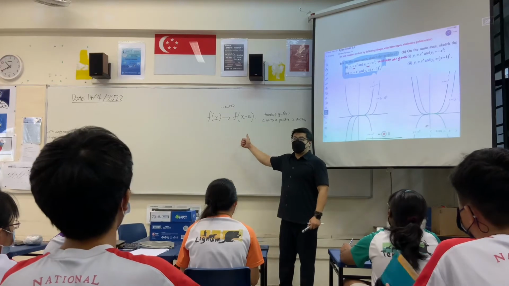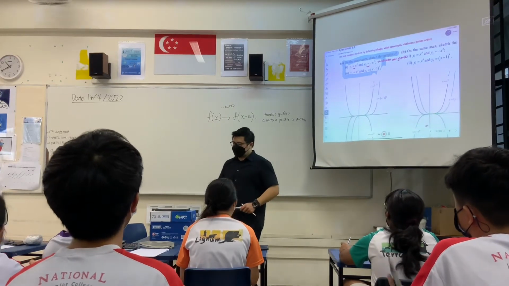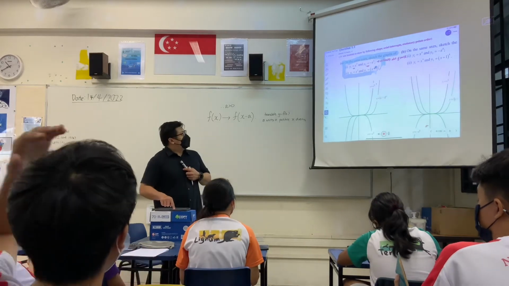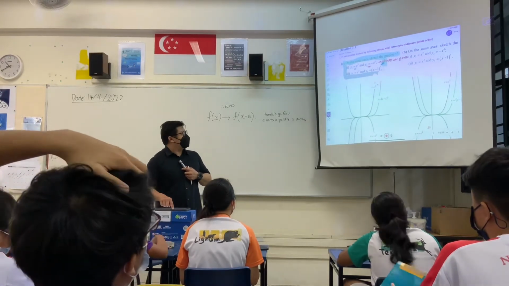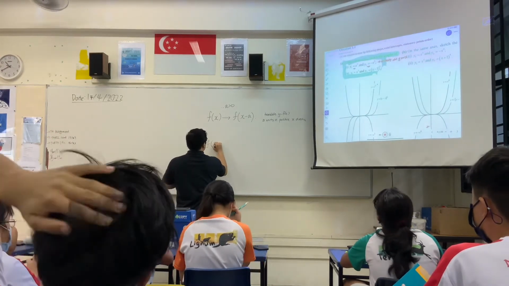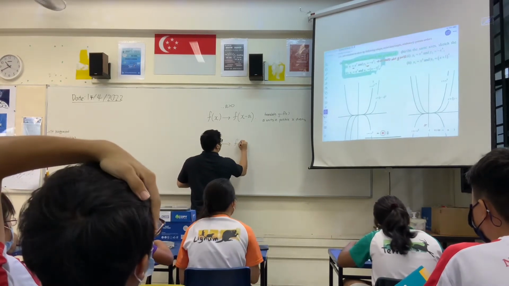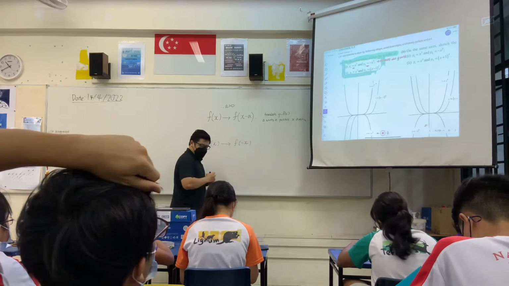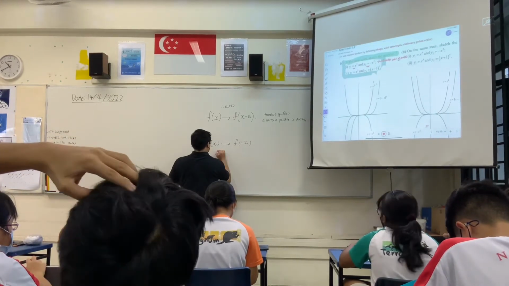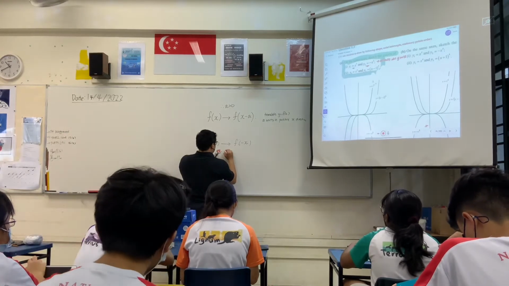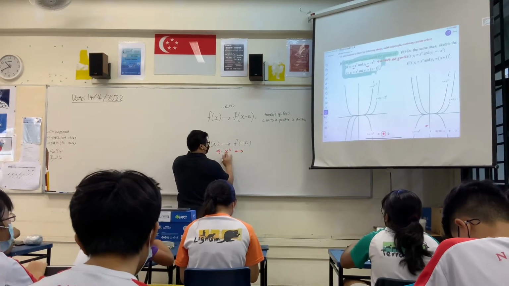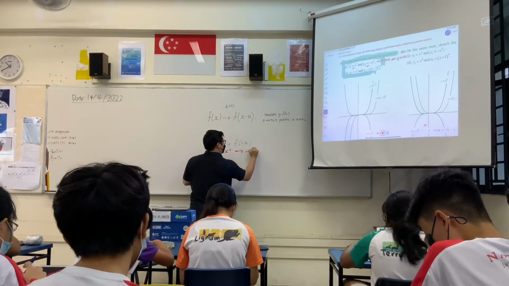So what about x power 5 to negative x power 5? You realize that if I go from f(x) to f(negative x), for example here, where I did x power 5, then I wrote negative x power 5.